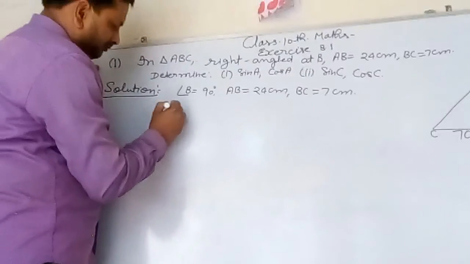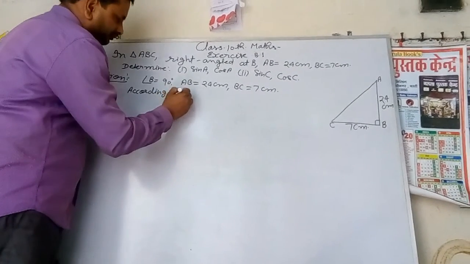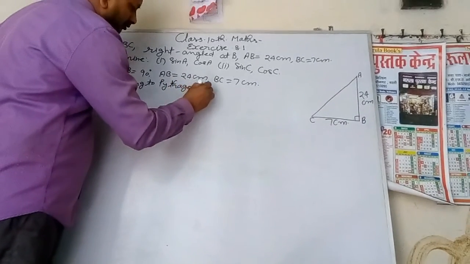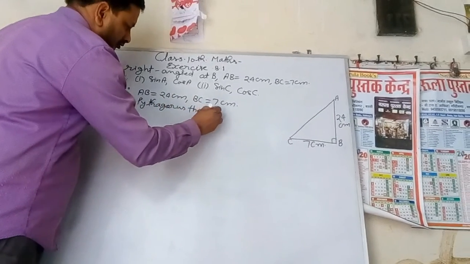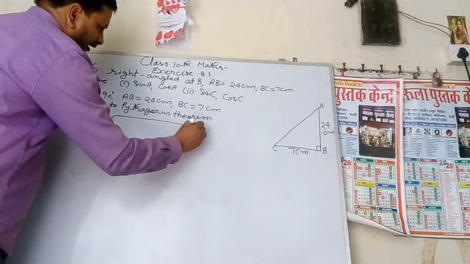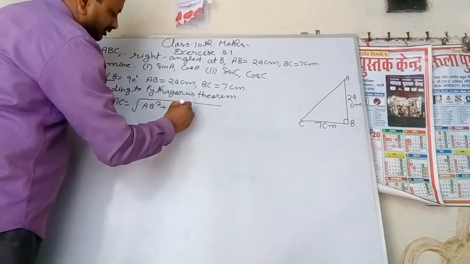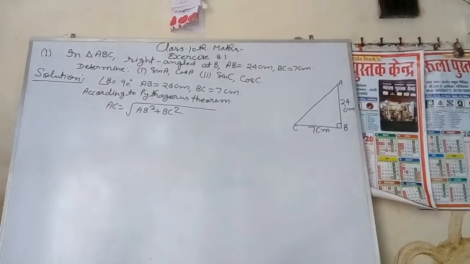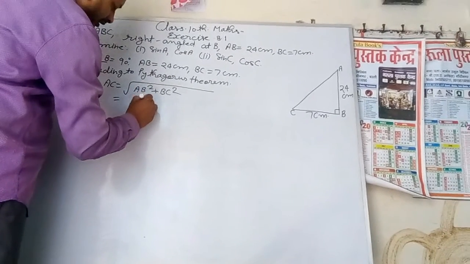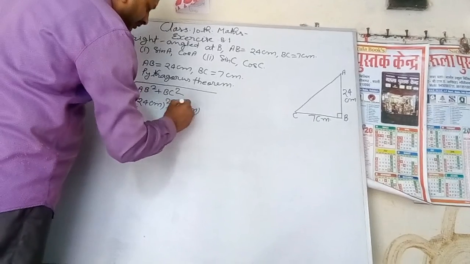According to Pythagoras theorem, AC equal to under root AB square plus BC square. Put the value of AB 24 centimeter square, BC 7 centimeter.